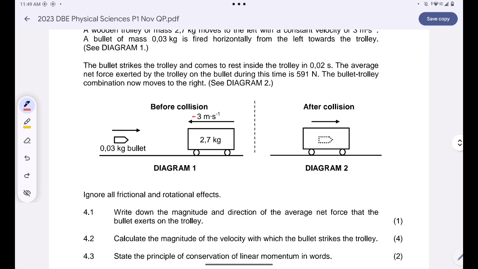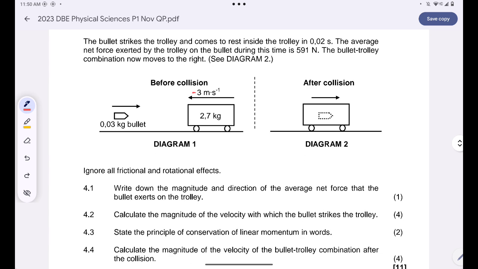The first question, we are being asked to write down the magnitude and direction of the average net force that the bullet exerts on the trolley. The bullet will kind of influence the trolley to move towards the right. Remember that, guys, whenever two things collide, we will always apply Newton's third law, which simply says that if body A exerts a force on body B, body B will exert an equal but opposite force. So yes, the force is equal.